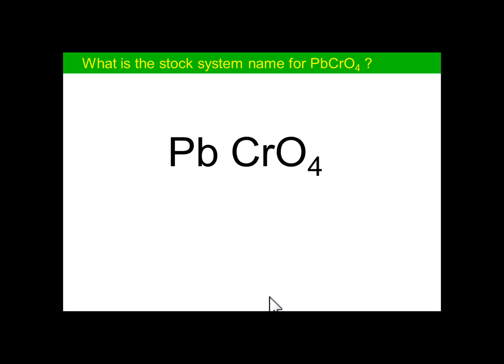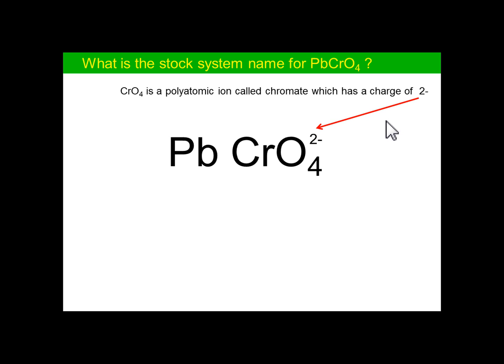Now let's do another example. What is the stock system name for PbCrO4? Hopefully, if you've used your reference charts enough for those polyatomic ions, you recognize CrO4 as the chromate ion. Chromate is CrO4, and it has a -2 charge.